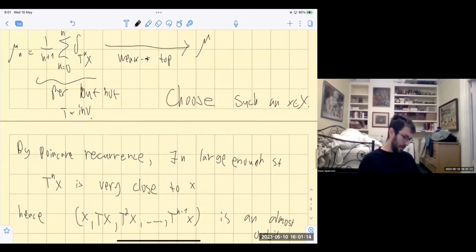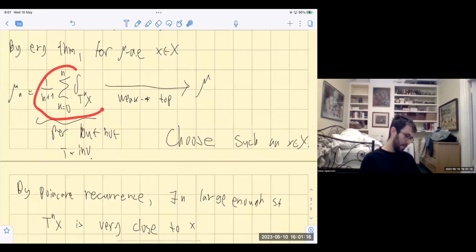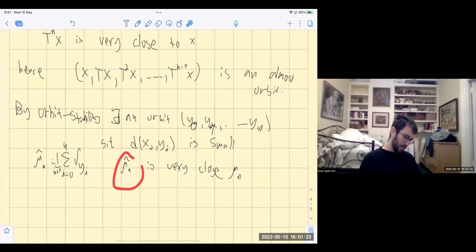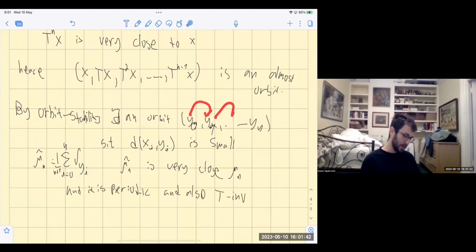Mu n was just the empirical measure of these x, and I just moved everything a bit to get this orbit. So mu n tilde is periodic, just like mu n was, and also T invariant. It is T invariant because it is an orbit. This goes to this, goes to this, and this goes exactly back to this.